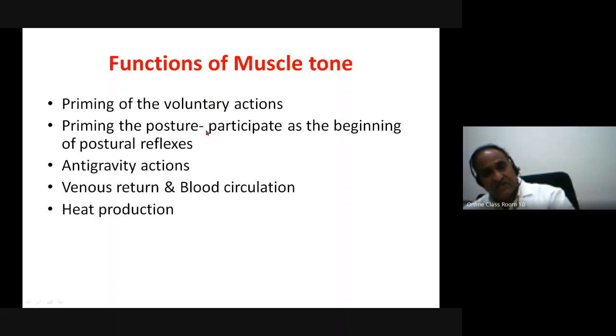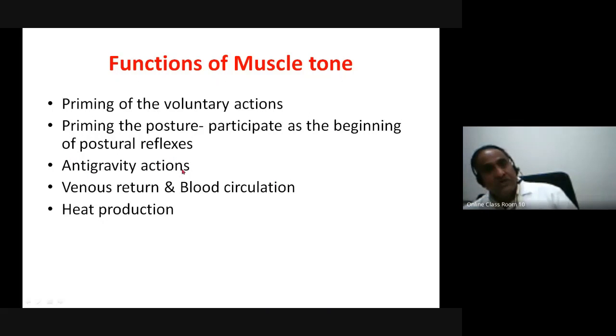I can say the tone is the unit of the postural reflexes, over which other reflexes will develop or store. So even for voluntary action, this forms the base, over which the muscle contraction, either a distal or a proximal muscle contraction, comes in. That means for all voluntary actions, for all posture, it is a primer. And it serves the anti-gravity actions.